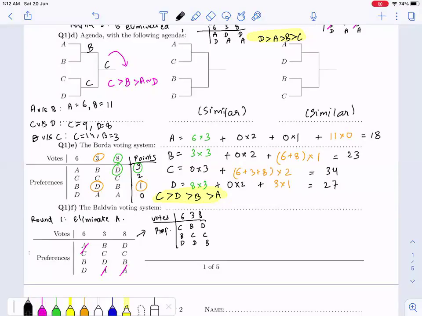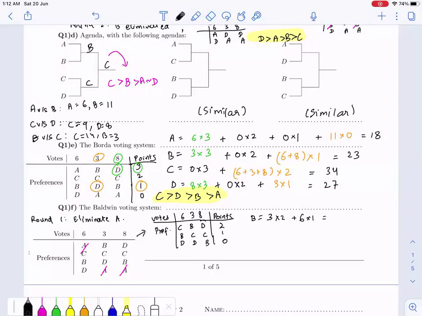Now you assign points again. So last preference gets 0 points, second last preference gets 1 point, and top preference gets 2 points here. So let's do B. B gets 3 times 2 plus 6 times 1 plus 8 times 0, which doesn't really matter.